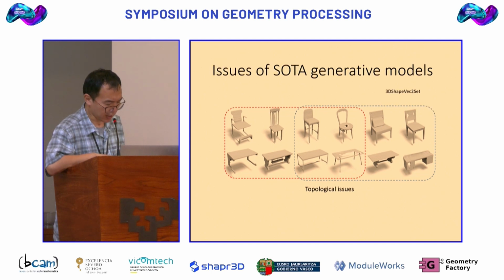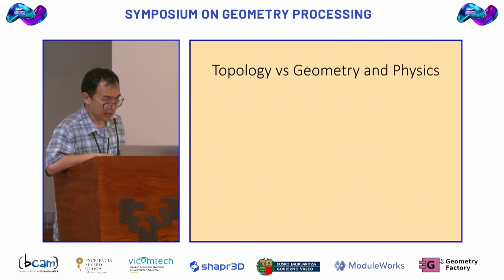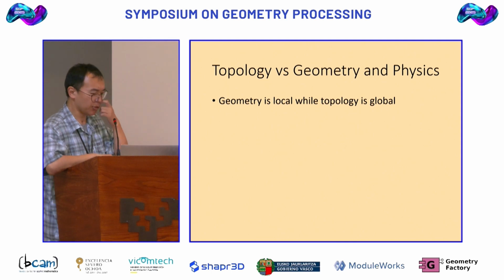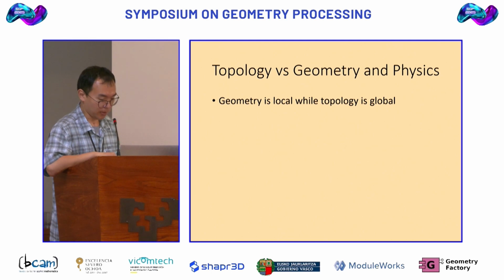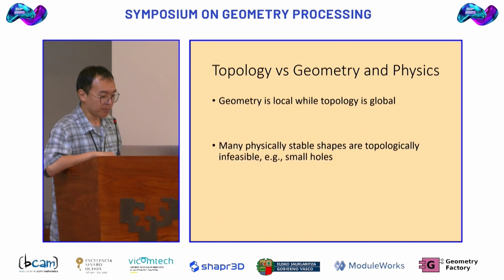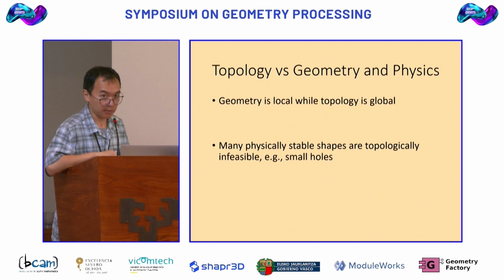So I do think that topology is complementary to geometry, right? Geometry is the local quantity, topology is global, right? You can have many physically stable shapes with a lot of small holes, but they are not really topologically feasible, right?